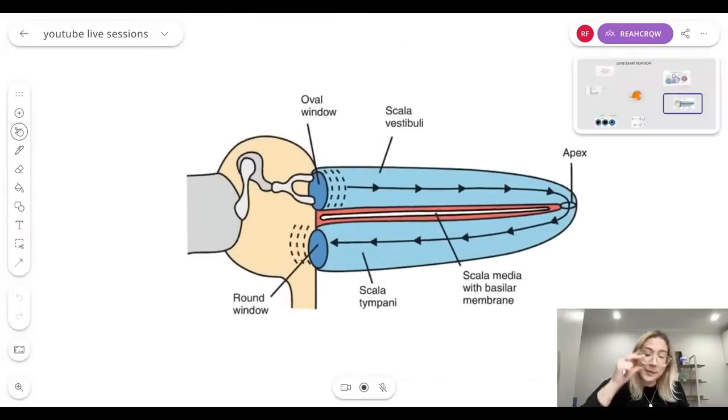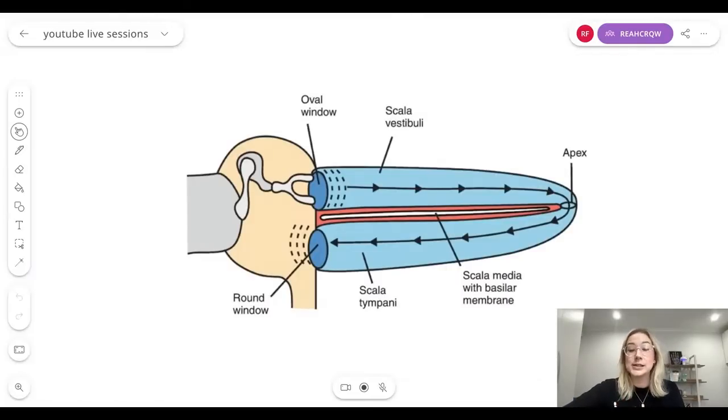So again, something we're not going to cover here, which is easy, is the pathway of sound, which is something you can learn off by heart. Sound waves travel from the pinna down the auditory canal. They then hit the tympanic membrane.